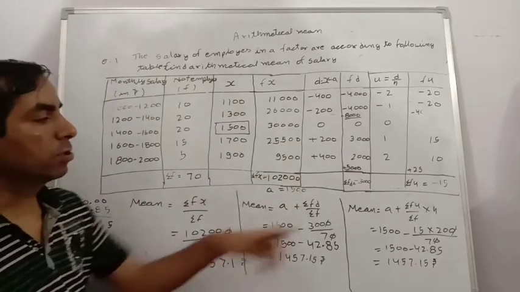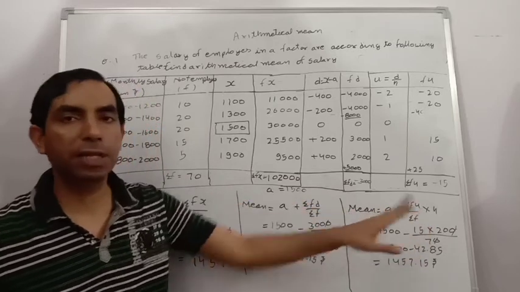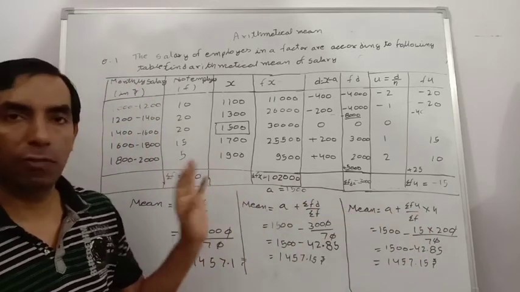Here A is 1500, summation fu is minus 15, h is 200 and summation f is always 70.